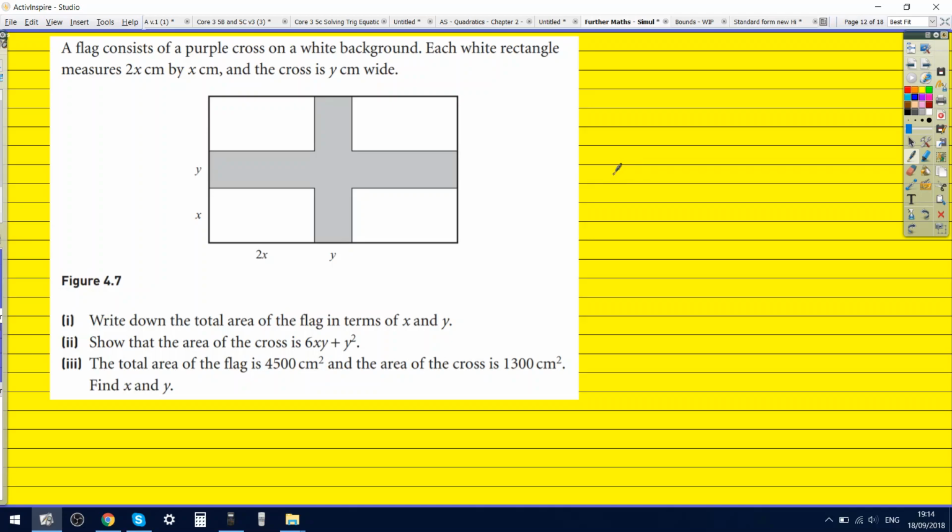The total area of the flag in terms of x and y. I'll draw that flag quickly.